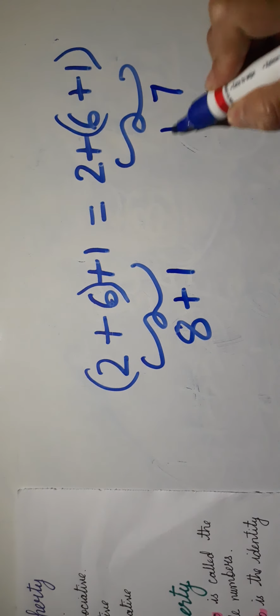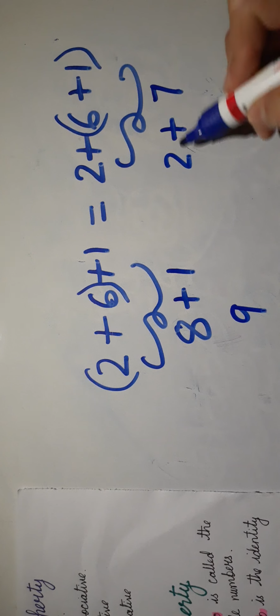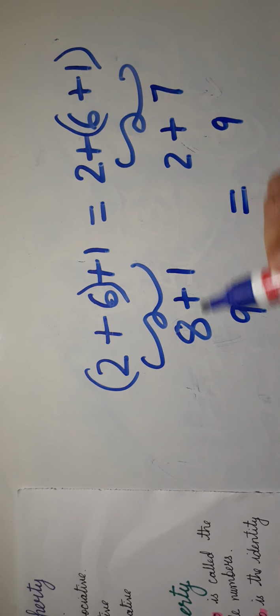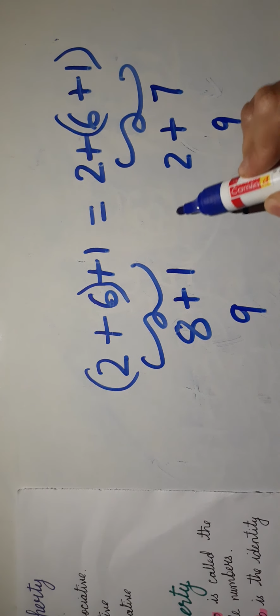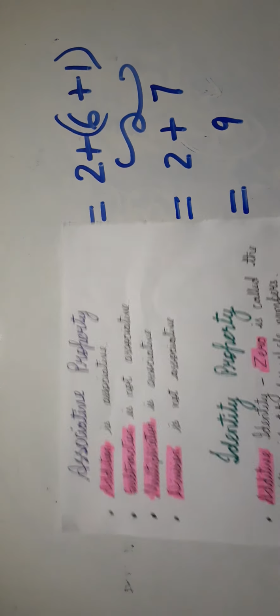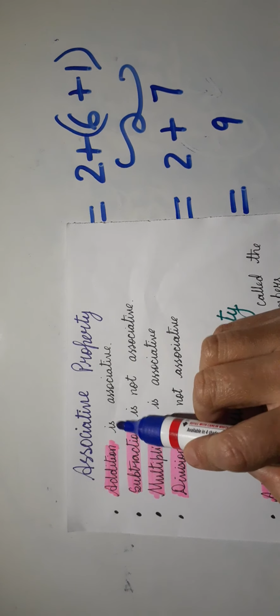Here I have 2. 8 plus 1, here I have 9. 2 plus 7 is 9. So 9 and 9 are equal since they are the same number. So definitely 8 plus 1 is equal to 2 plus 7. Addition is associative.